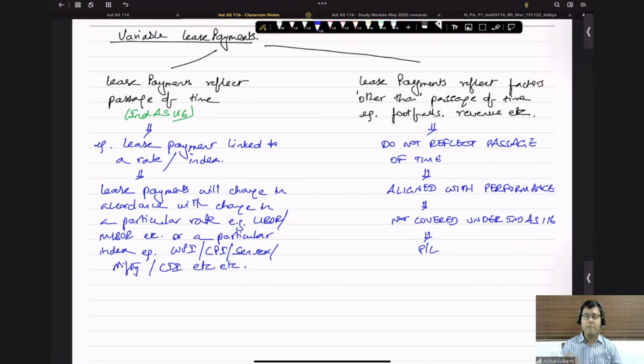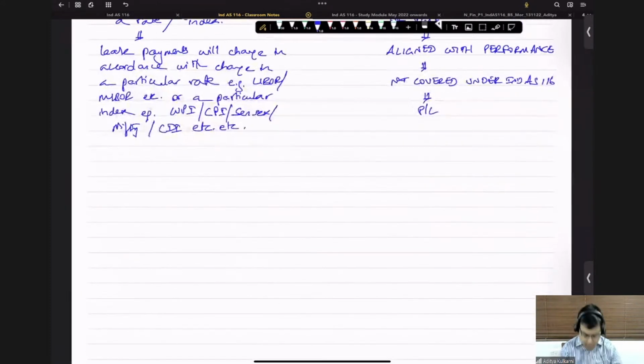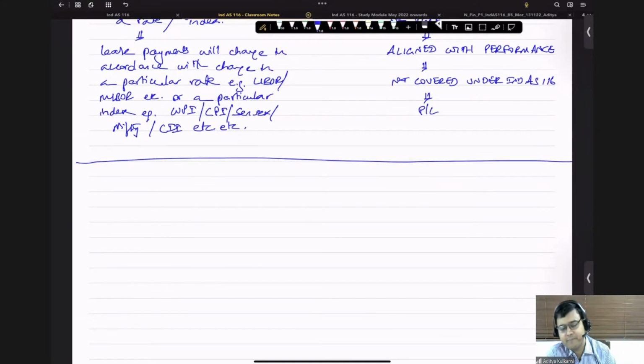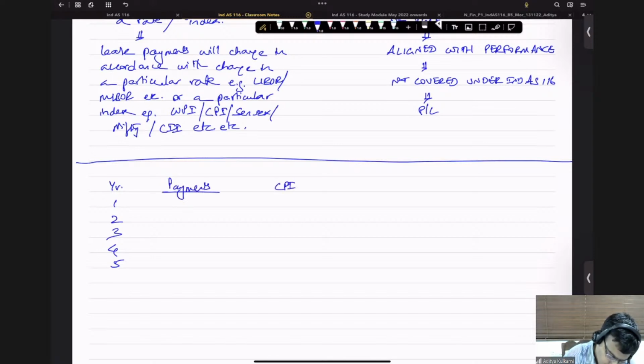All right, now we move on to how these payments move. Suppose years 1, 2, 3, 4, 5. First we will take RBI rates or LIBOR, MIBOR, whatever it is.